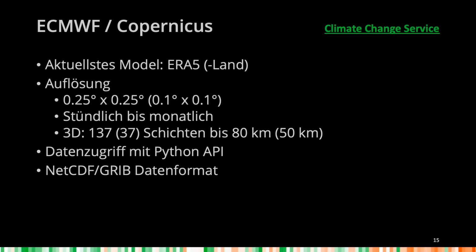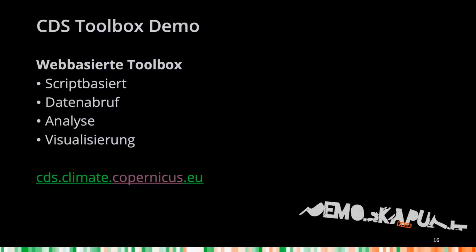If you're talking about soil humidity, then you need ERA5-Land. By default, they give you hourly and monthly values from today back to 105 days ago. The data can be accessed in NetCDF and GRIB data formats, and then you can use MATLAB or whatever you want to use for this.